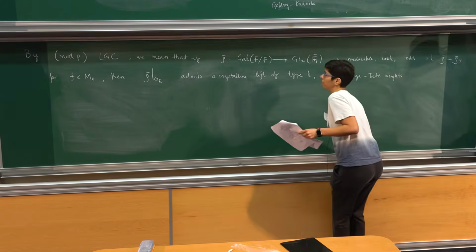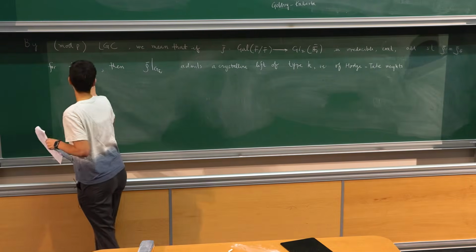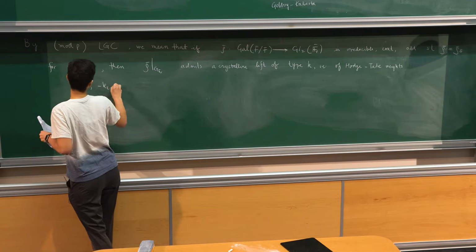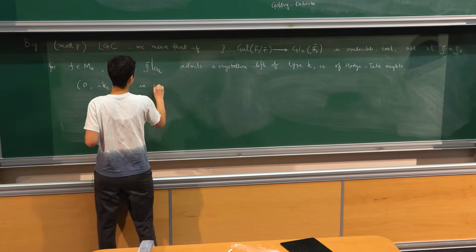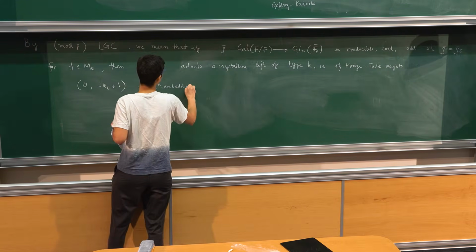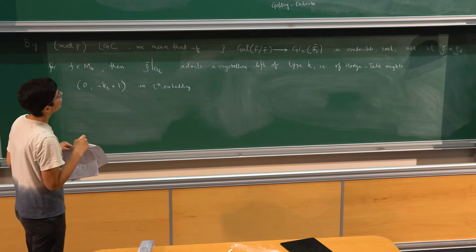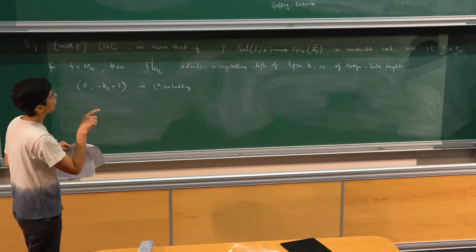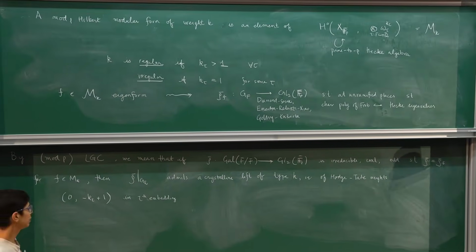So the Hodge-Tate weights are given by 0 and minus k_tau plus 1, depending on whatever your convention is, for each embedding tau. And remember I said something about twisting that sheaf omega_tau^{k_tau} by something non-canonically isomorphic to the line bundle.